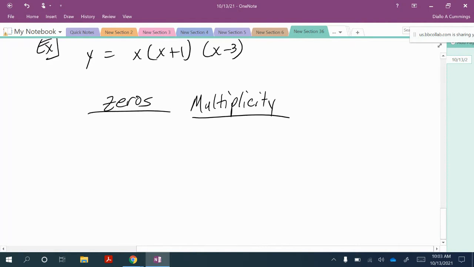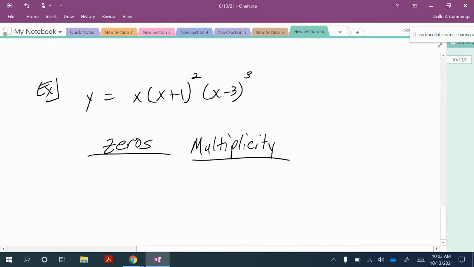Now we talked about the zeros already, right? We could take each one of these linear factors, but notice if we take a look at these three factors, we have x, we have x plus 1, and x plus 1 is a factor that's encapsulated in a set of parentheses. It has an exponent of 2. We have another linear factor, x minus 3.